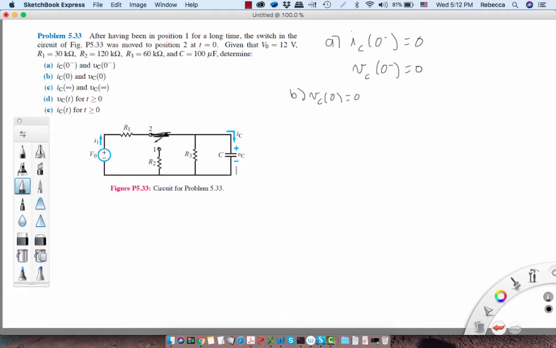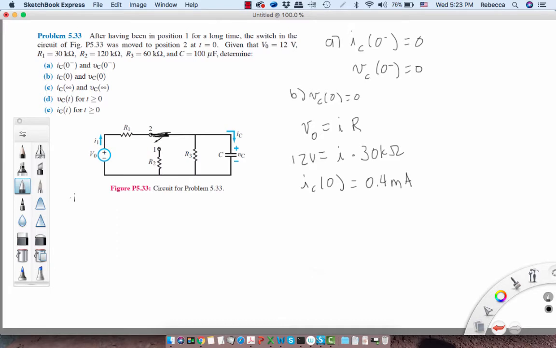So we just have this nice, simple loop here, and we know that V equals IR, where V is 12 volts, I is what we're looking for, and R is R1, which is 30 kiloohms. So IC at 0 is 12 over 30,000, which is 0.4 milliamps.